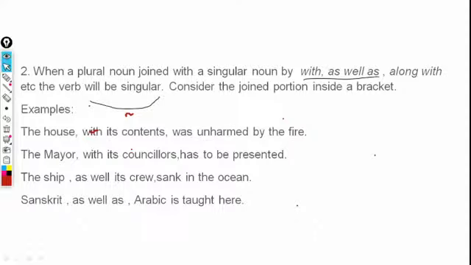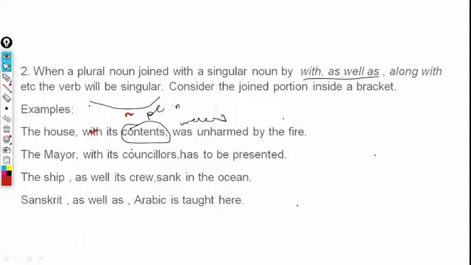The house with its contents was unharmed by the fire. See, what is the thing? Contents. We are seeing a plural noun joining. But we will immediately think that okay, the verb will be plural because we are using a plural noun, I will write were instead of was.